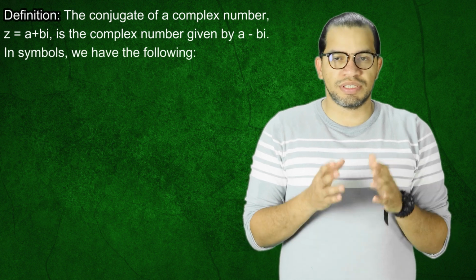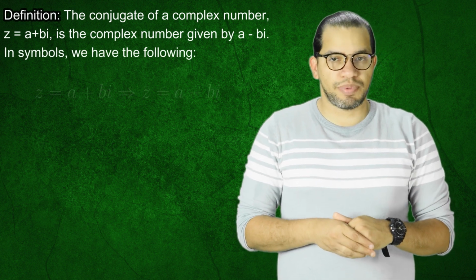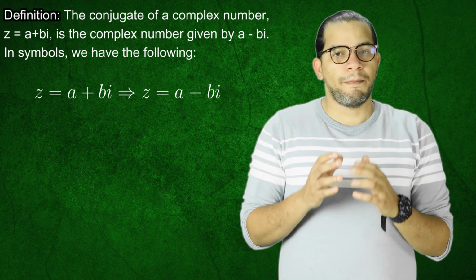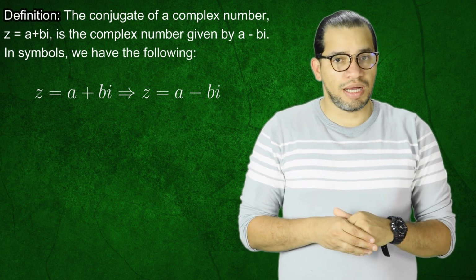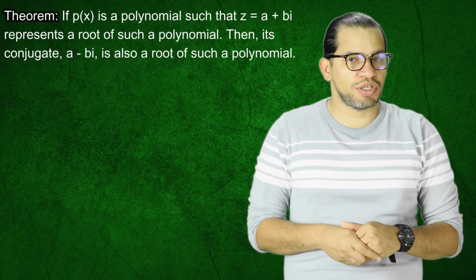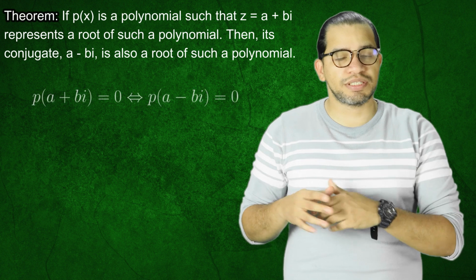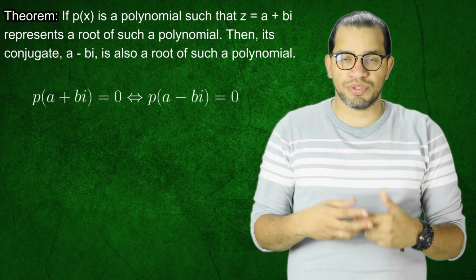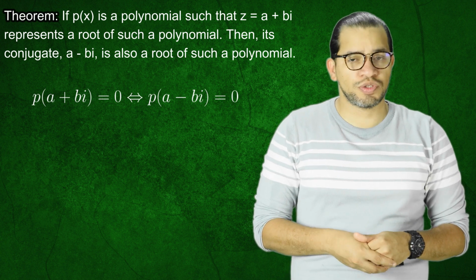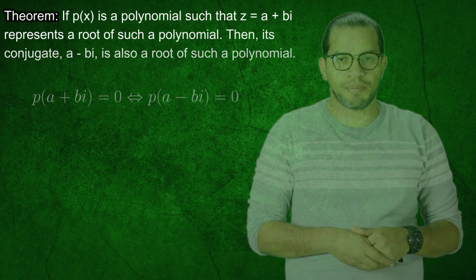The conjugate of a complex number z equals a plus bi is the complex number a minus bi. Now, the general statement that we were talking about is the following. If p of x is a polynomial such that a plus bi is a root of this polynomial, then its conjugate is also a root of this polynomial.